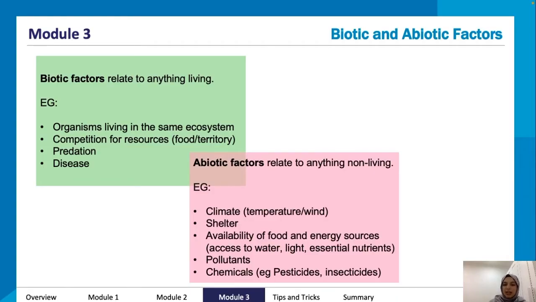So, for example, climate, temperature, wind, shelter, availability of food and energy sources, so access to water, light, essential nutrients, these are all non-living factors. Pollutants, chemicals, pesticides, insecticides, all of those things are non-living. So just understanding the difference between the two if you were asked that in an exam.